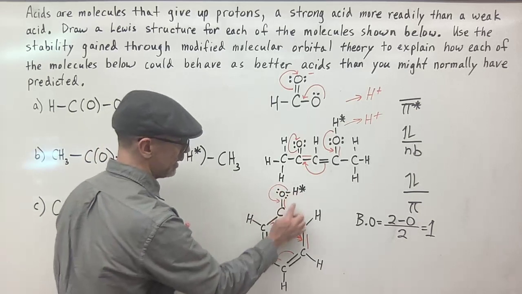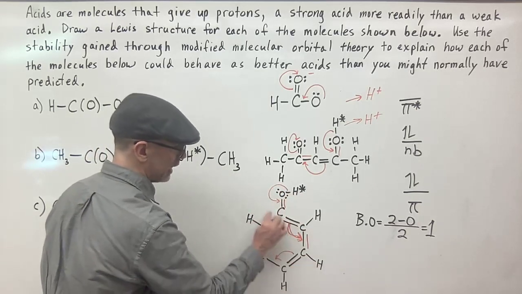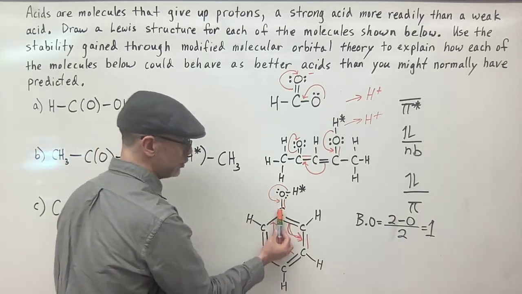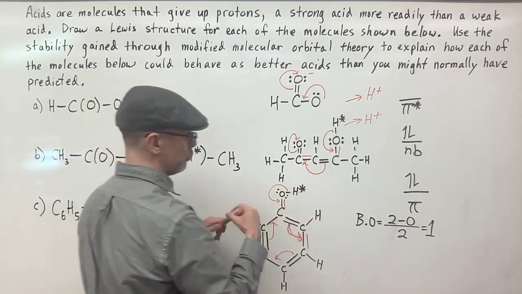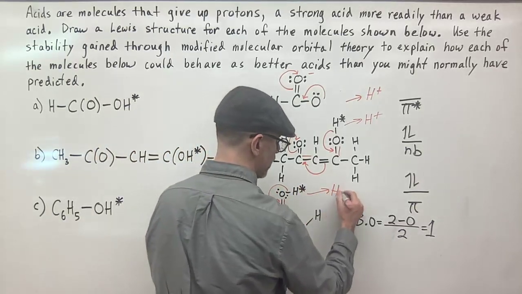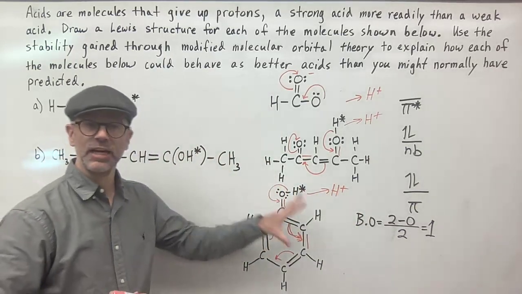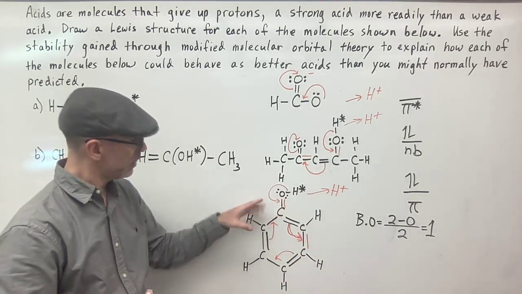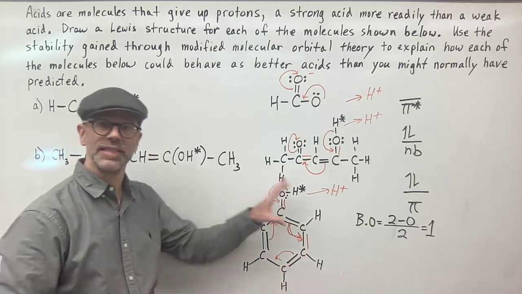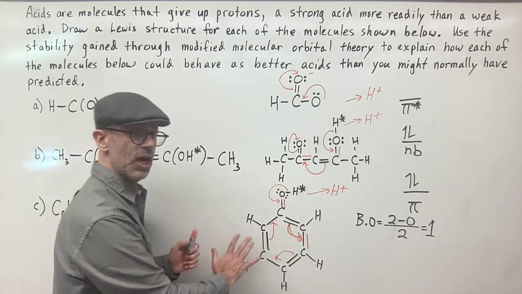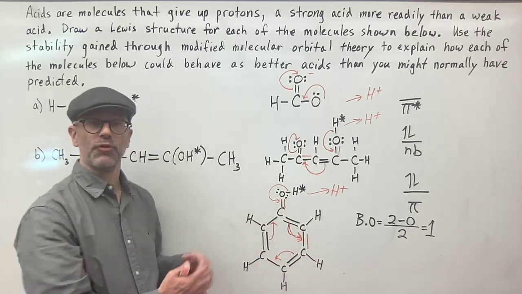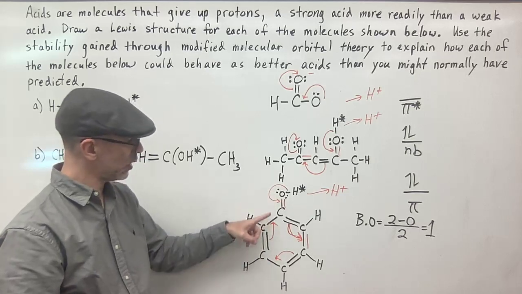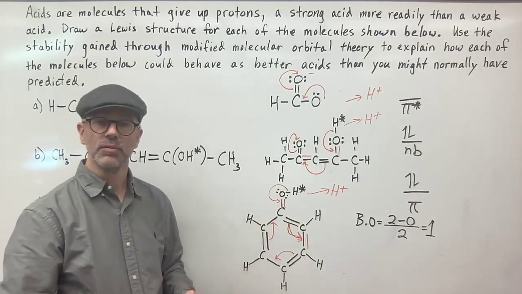And so then again, because of the resonance that you can get with this molecule, this negative charge on the oxygen after it releases the hydrogen again, that negative anion that's left over becomes more stable because of this sharing or delocalization of the electrons because of the molecular orbitals that are formed from the unhybridized p orbitals that are left on the oxygen here, as well as the 6 carbons.